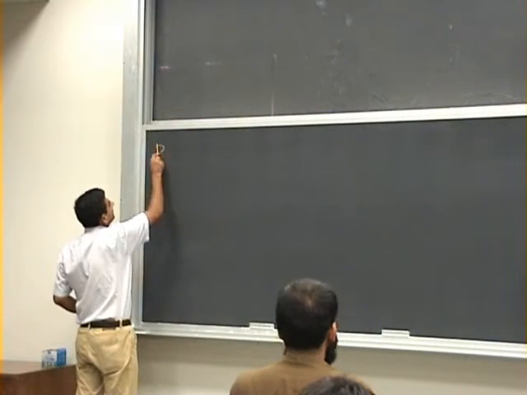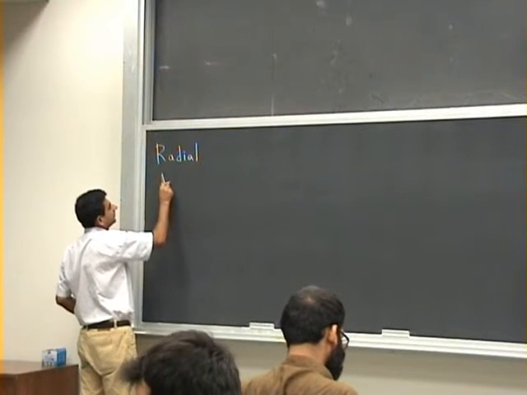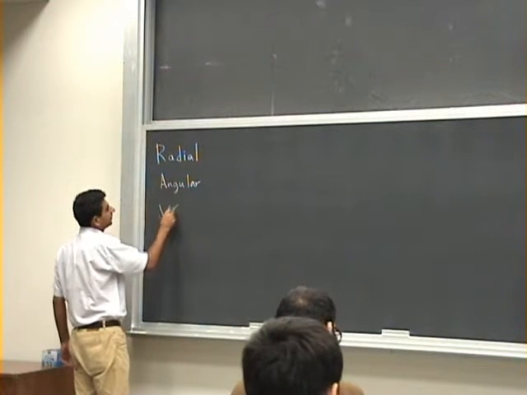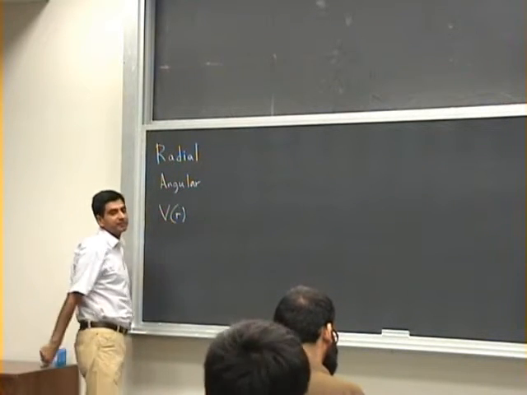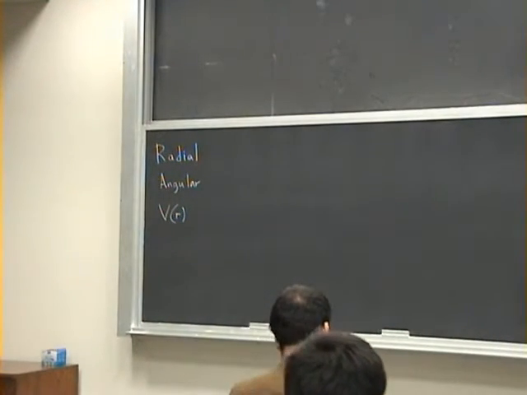a radial part and an angular part. And we assumed that our potential energy was central, only depended upon the distance from the origin.